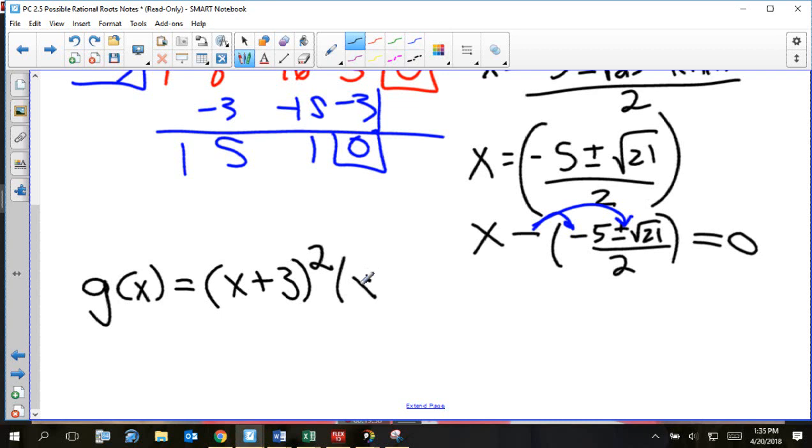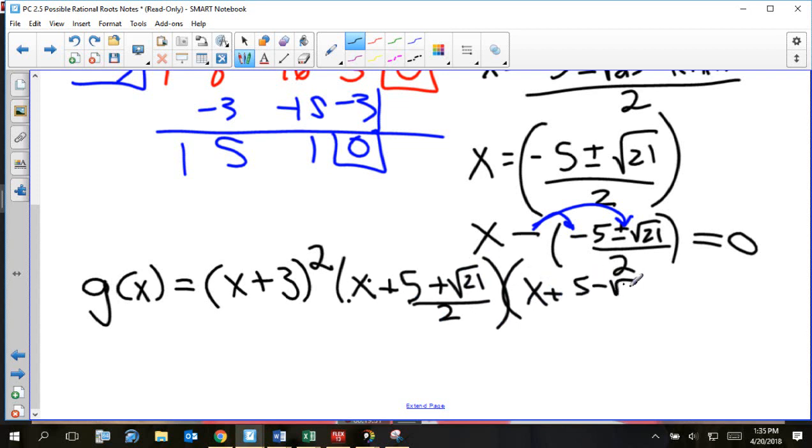So I'm going to have x plus 5 plus square root 21 over 2. We'll have x plus 5 minus square root of 21 over 2. That's like our other two factors. If you multiply the first term back, x squared, x, and x, we should get x to the 4th, just to make sure that we have everything in the right places. Okay, so that's factored 4.